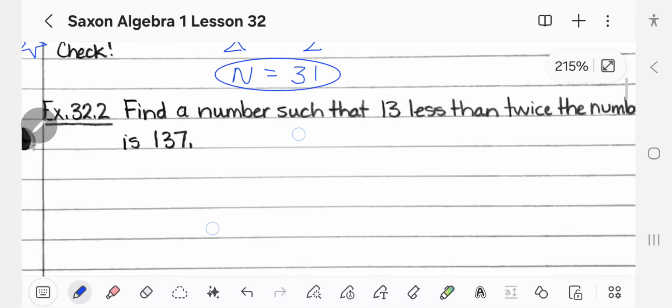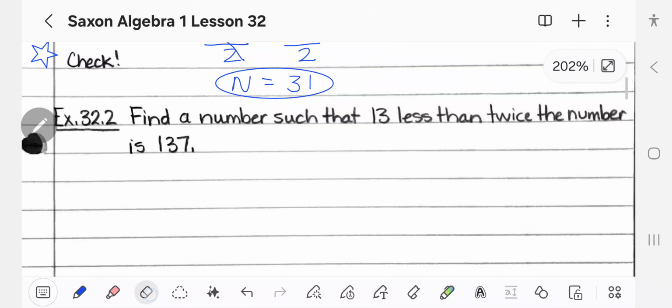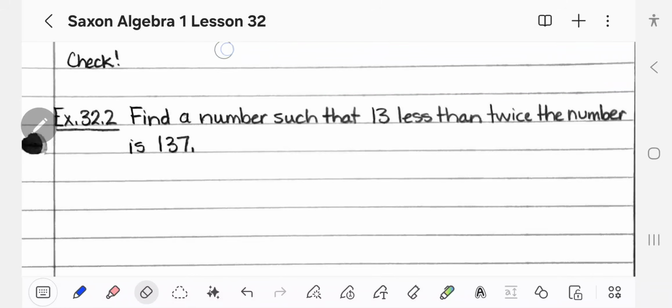Example 32:2. Find a number. I'm going to erase what's above here. Find a number, so that's going to be n, such that 13 less than twice the number. 13 less than, I'm going to put the less than together, twice a number. Now, if we're doing 13 less than, that's not 13 minus. That's not what we want.